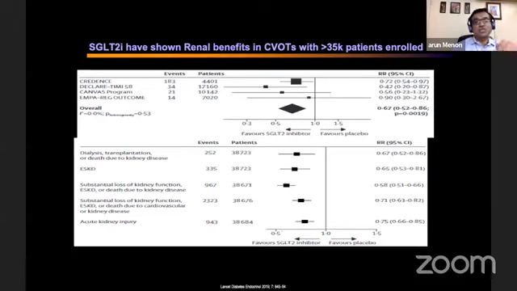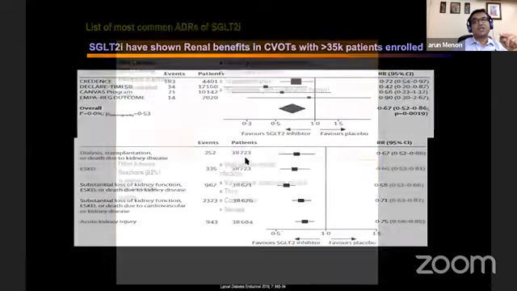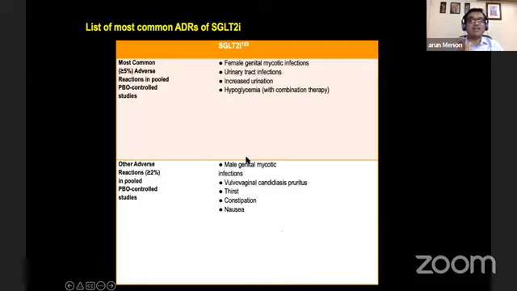So now you're using them not for glycemic effect, but for their extra-glycemic effect. That is why it is so impressive that these agents have actually changed their color and still remain in our prescription, not because of hyperglycemia, but because they can protect people from renal disease as well as cardiac disease.